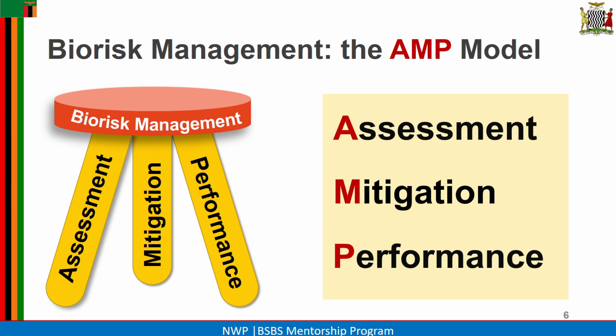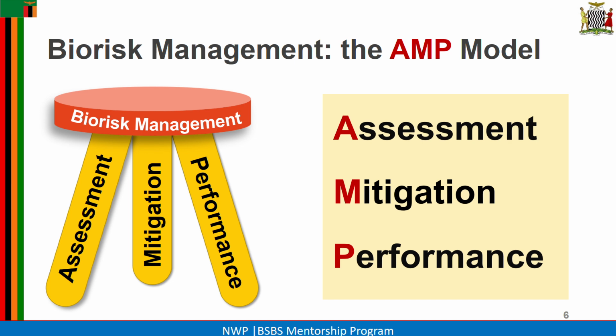So let's look at a certain model that is used for biorisk management. We call this the AMP model, with the A standing for assessment, the M for mitigation, and the P for performance.